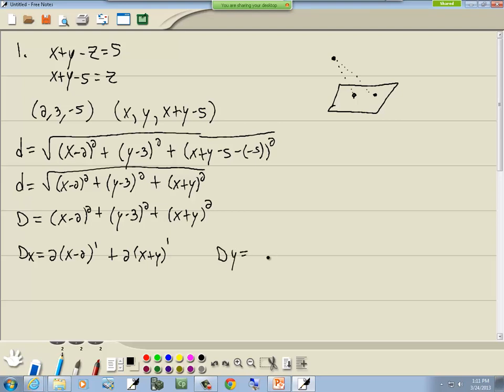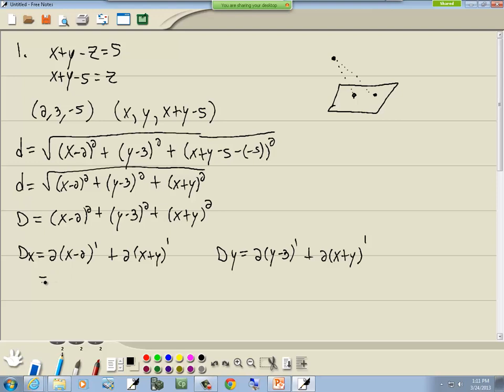Now the partial with respect to y. This has x's in it, so that drops away. The y minus 3 squared, take the power, put it out in front. Lower your power by 1. Same thing here. And again, when we multiply times the derivative of what's inside with respect to y, it's a 1 in both cases.